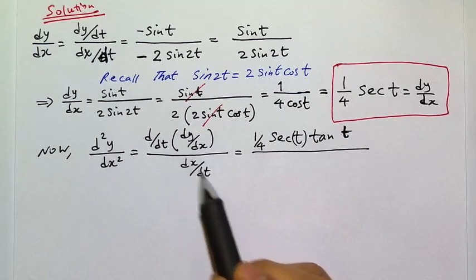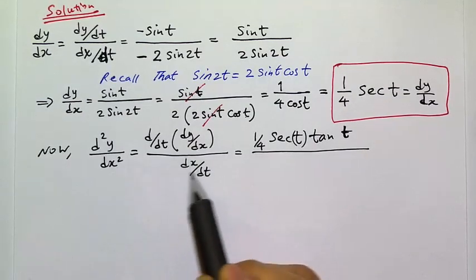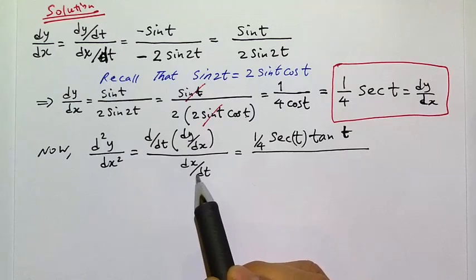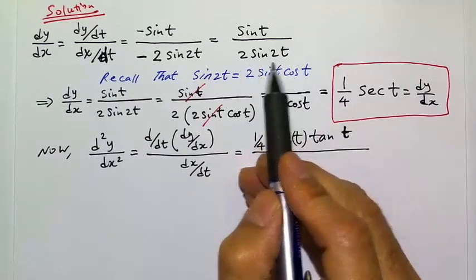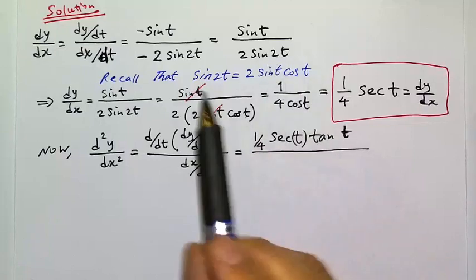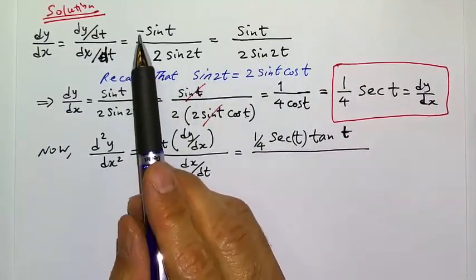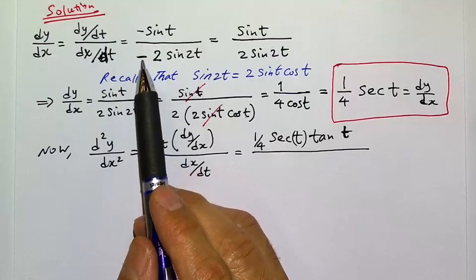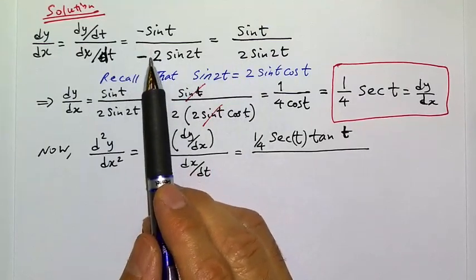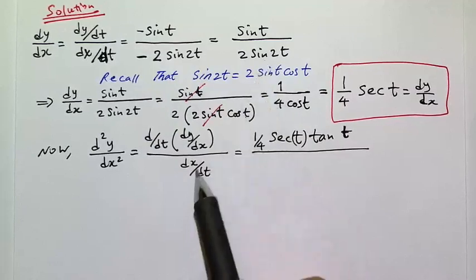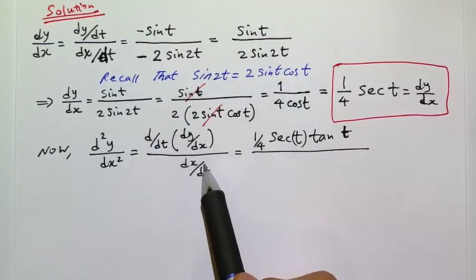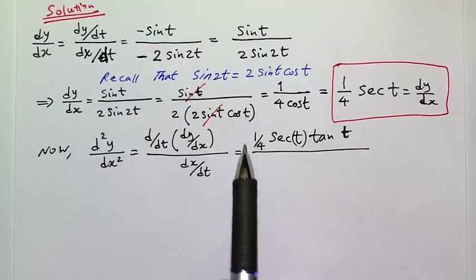Now, when you divide by dx dt in this expression, you shouldn't divide by the simplified version. Notice that if you grab dx dt from here, that minus was simplified. This is simplified after this. So you don't want to grab the simplified dx dt because the numerator here is different than that.